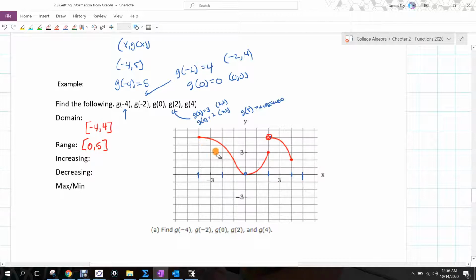All right, so then we have to determine where we are increasing or decreasing. If I start here at -4, and this is what we talked about, you're never going to increase or decrease with brackets. They're going to be parentheses because right here I'm not doing either.